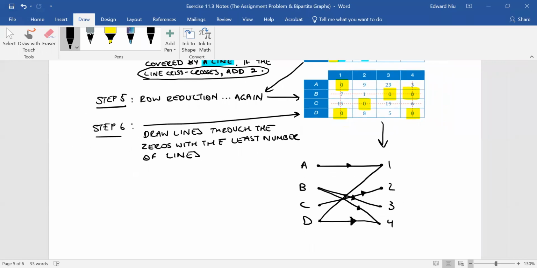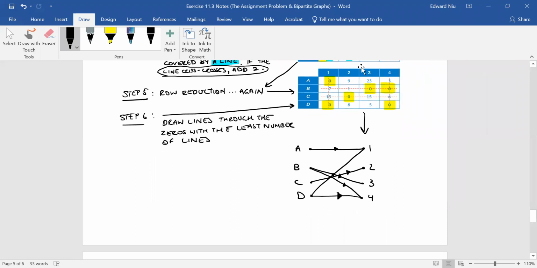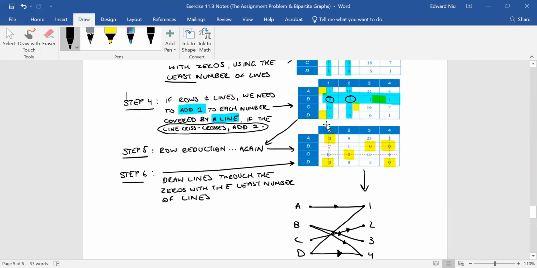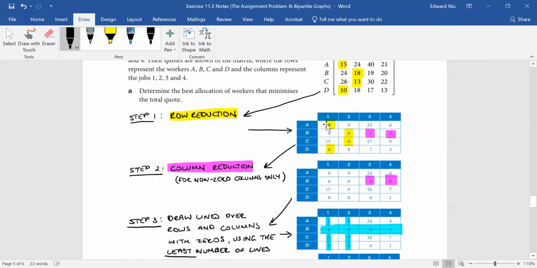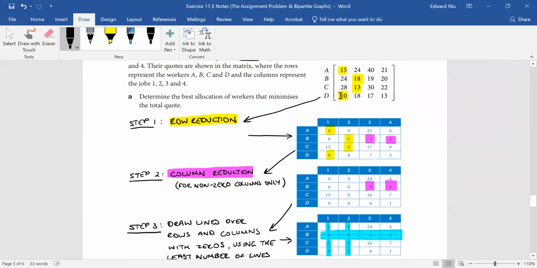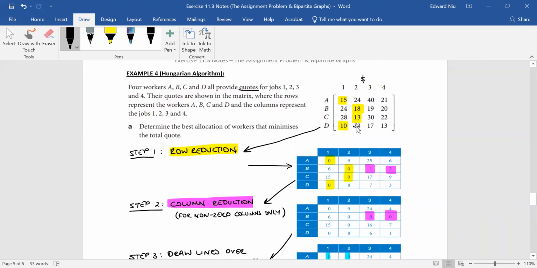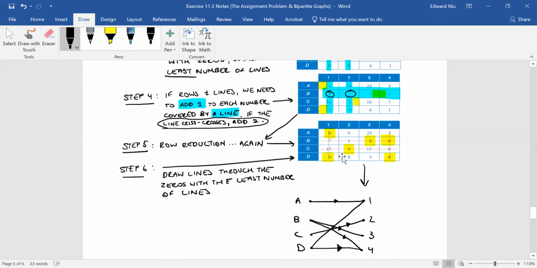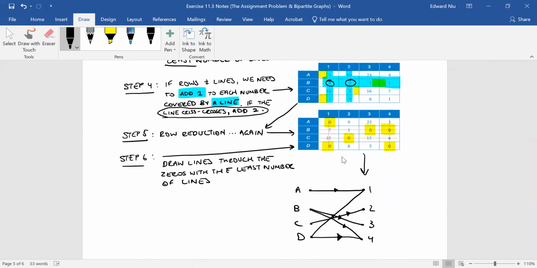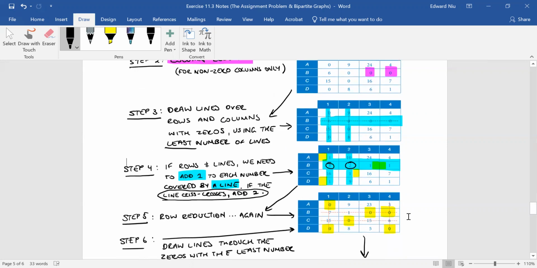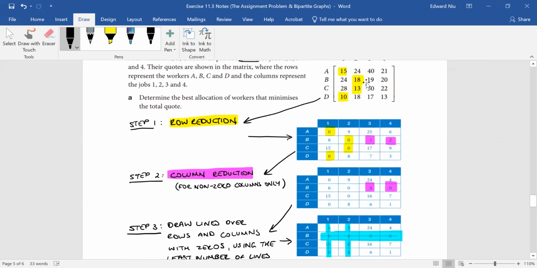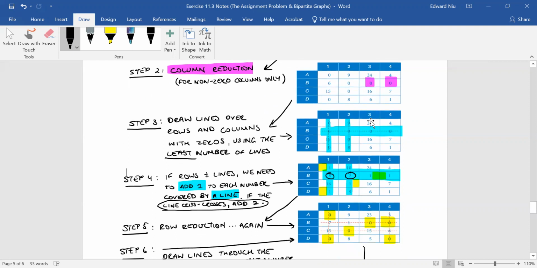Now we need to put some values on these lines. Okay. So A doing job 1 is $15. B doing 3 and 4 is $19 and $20.